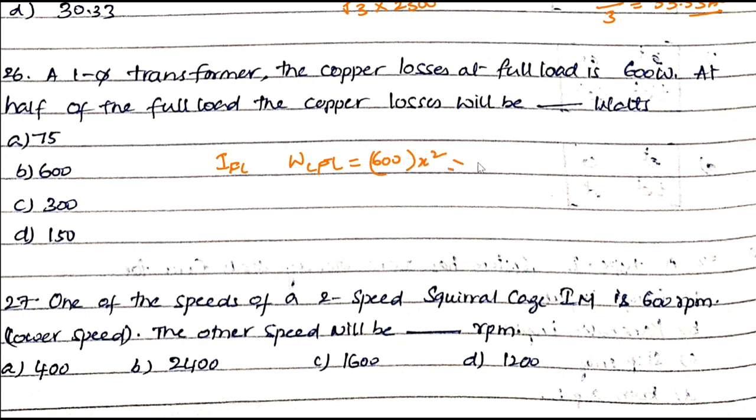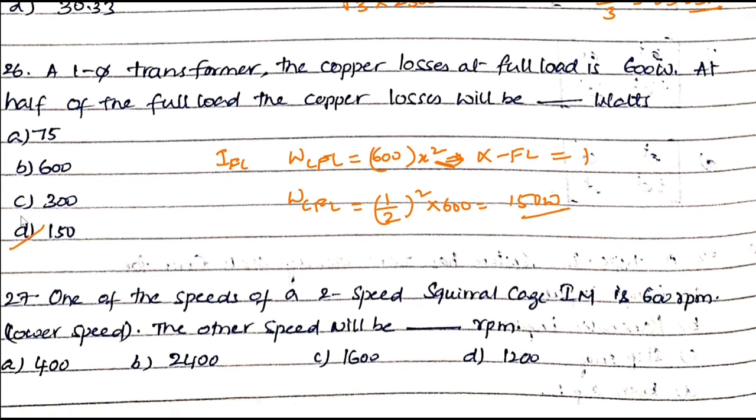So let's say full load means x is equal to 1. Now WC at half of the full load means 1 by 2 whole square into 600. So it is 150 watts here. So answer will be D here.